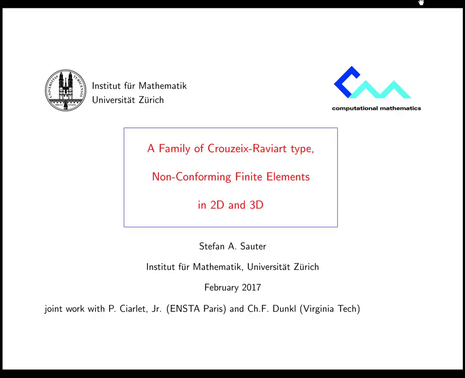I think everyone has come across the paper of Crouzeix and Raviart from 1973, where they introduced their non-conforming finite elements.